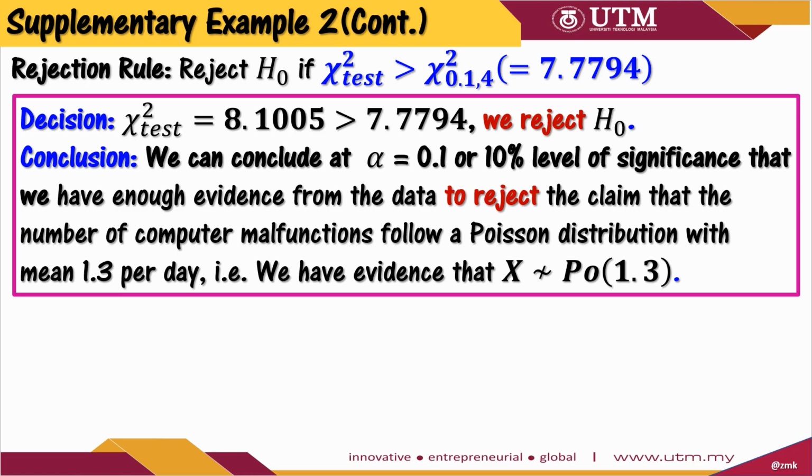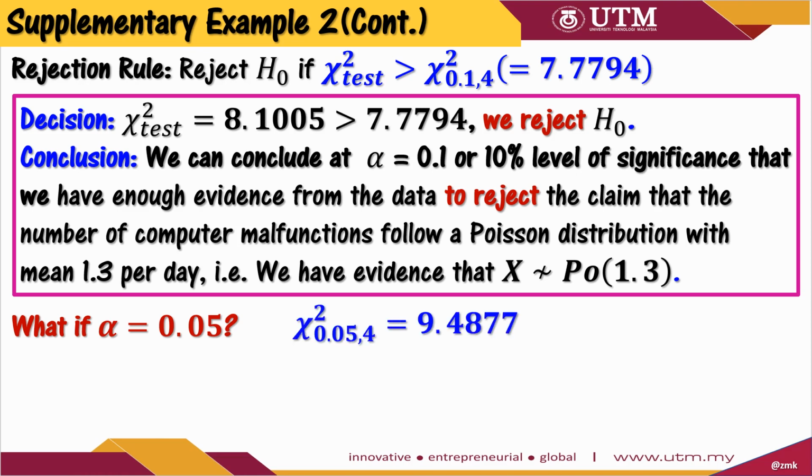What if we reduce the level of significance from 10% to 5%? That is, alpha value now is 0.05. The corresponding critical value is chi-square 0.05, 4 given by 9.4877.